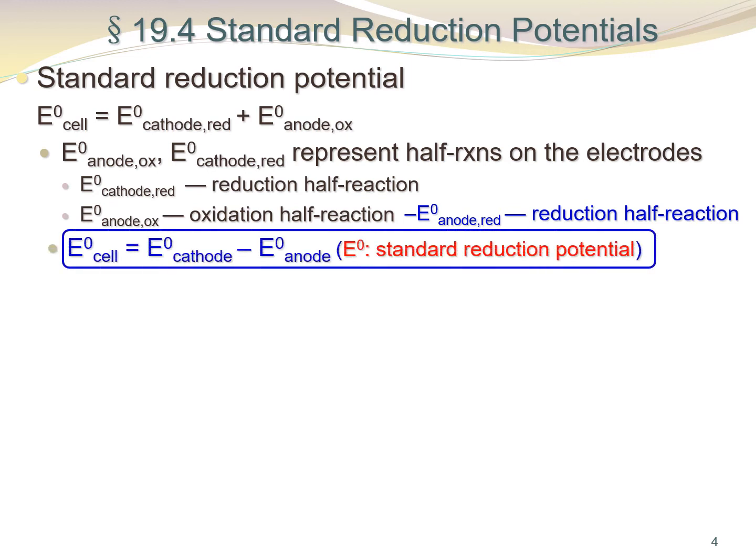In this way, we unified the potential of reduction and potential of oxidation under one scale we call the potential of reduction. And the negative sign certainly makes sense when we try to think about it in terms of delta. Cathode is the final state for electron to go in, and anode is the initial state for electrons to come out.